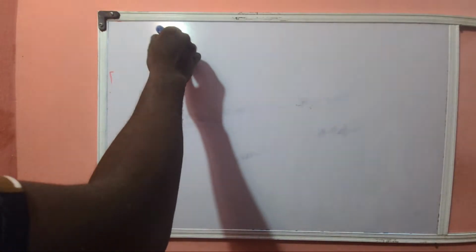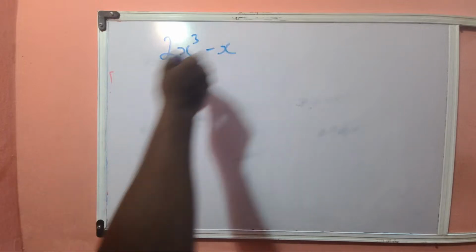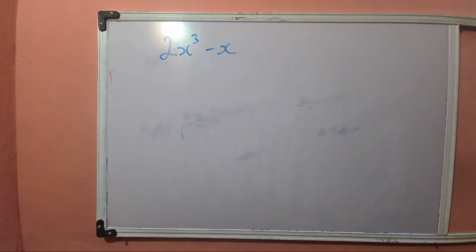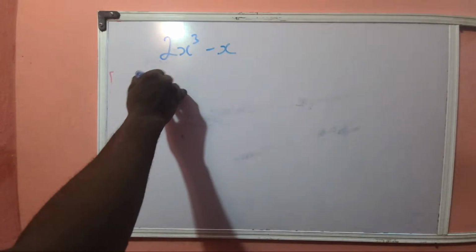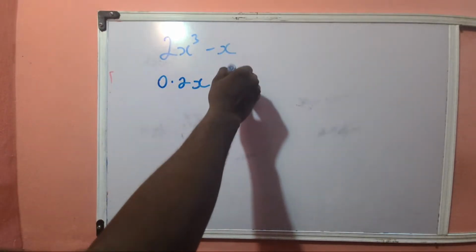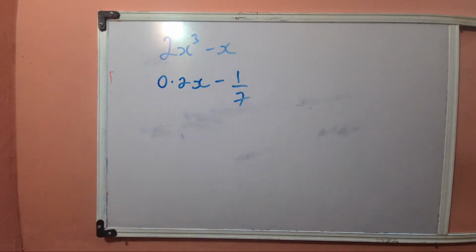We have 2x cubed minus x. Is this a polynomial? Yes or no? Somebody say it's not a polynomial. Why is it not a polynomial?